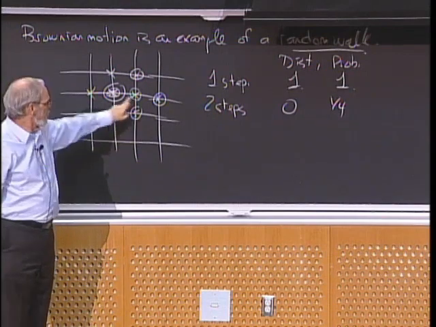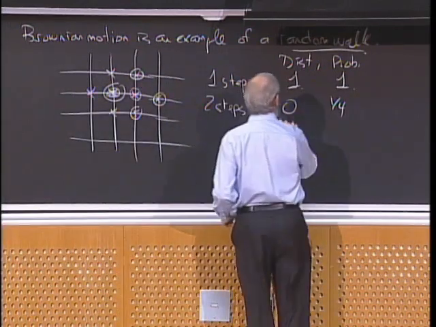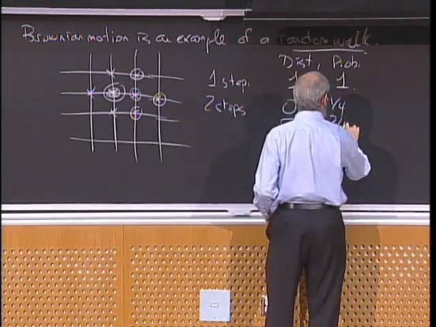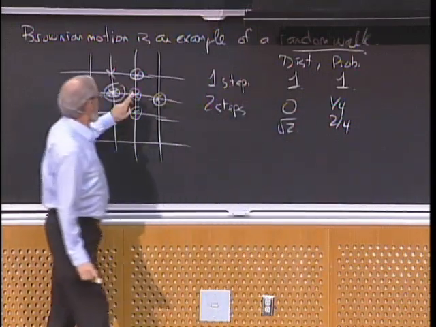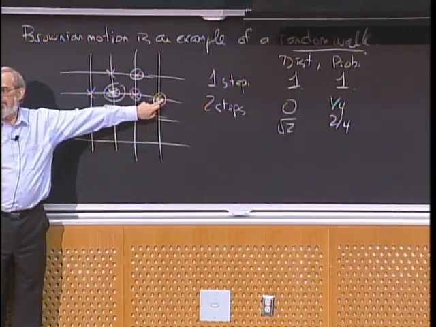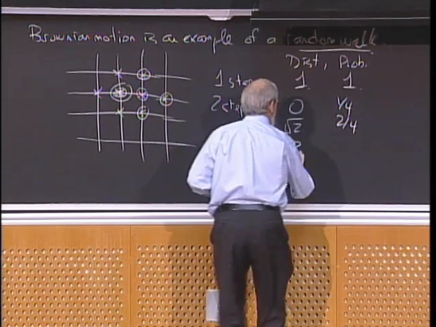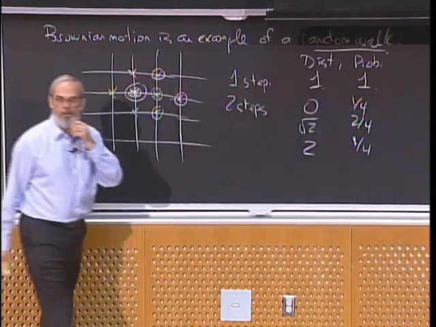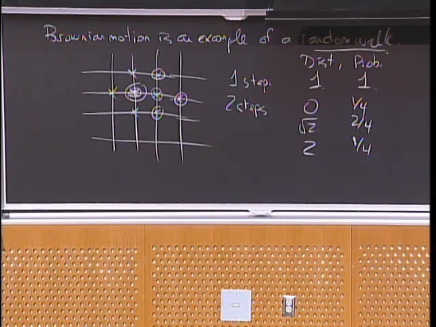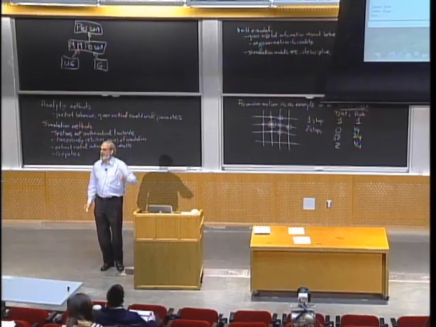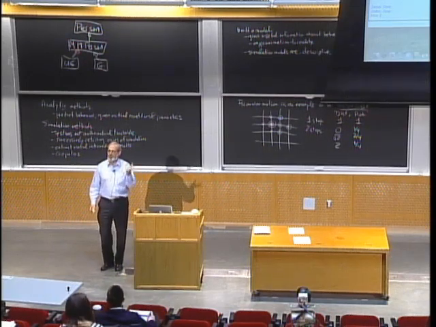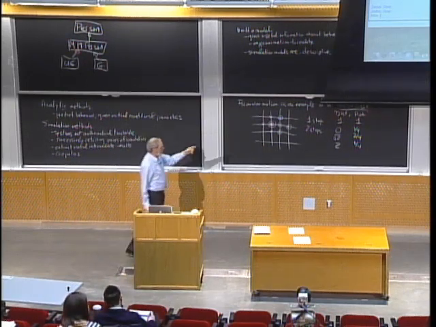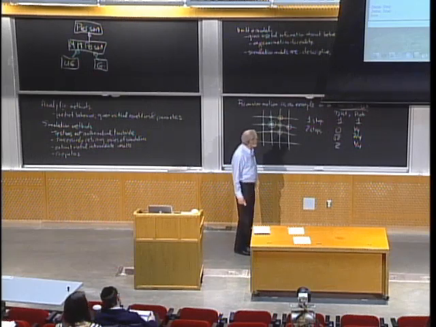Root 2, right? So it could be root 2 away 2 out of 4 times. And if we went east again, we're 2 units away, again with probability 1 in 4. I'm cheating slightly here in the sense that I should do the same things if the first step was north, south, or west, but they're all symmetric to that, so it'll all come out the same way. So there's what happens after 2 steps.